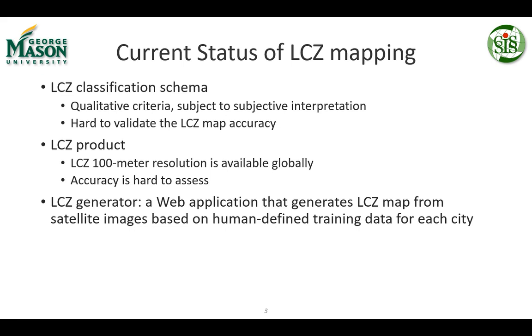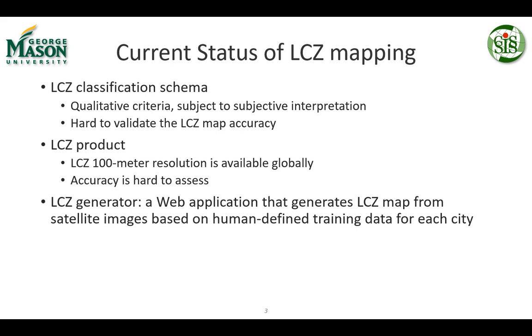The problem with this method is that it is very subjective, because everyone has their own idea of which is a high-rising area and which is a low-rising area. So when you ask a person to draw the ground truth for training the algorithm, it cannot be repeated, because the next person draws differently, and so the training data set is totally subjective. The global 100-meter data is generated by this method.